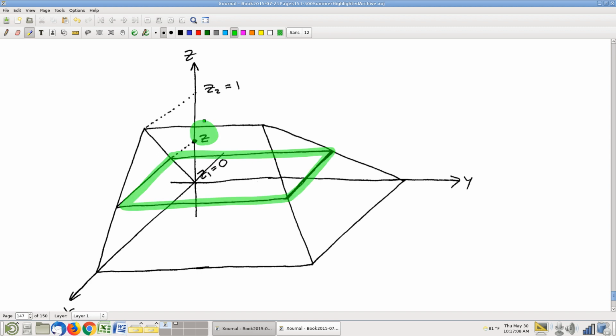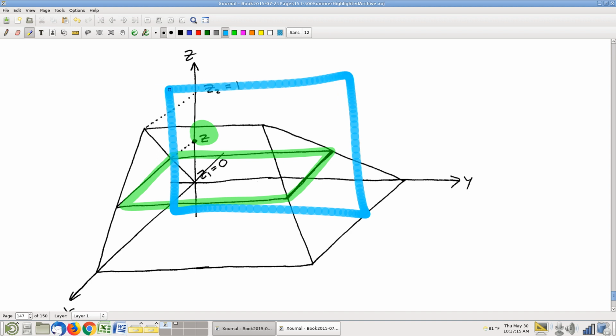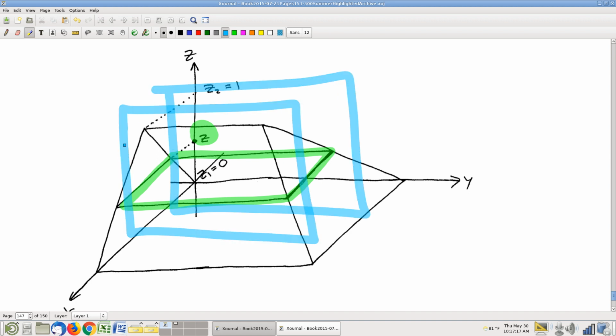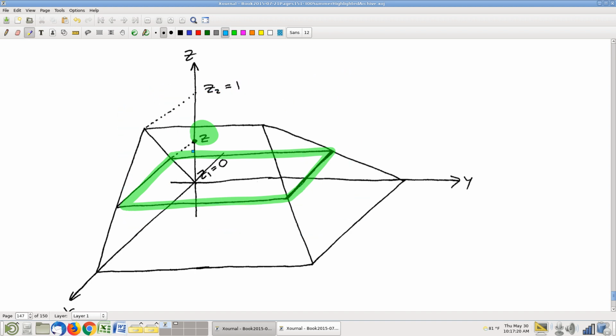On that z slice, I'd like to know the range of values of x. Well, if we slice perpendicular to the x-axis, those slices of the z slice will look kind of like this. And so our first slice is this, and I'm going to pick this point arbitrarily to look at. Our last slice is this, and again I'm going to arbitrarily pick that point to look at.